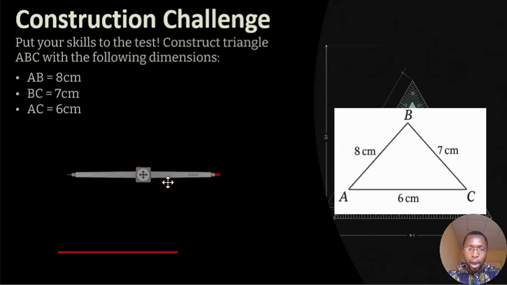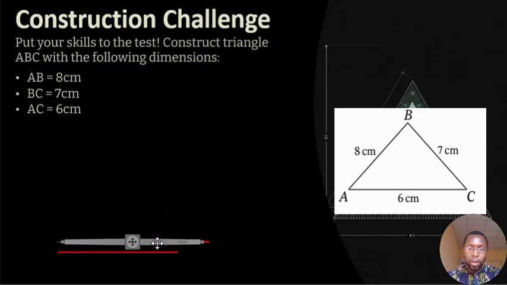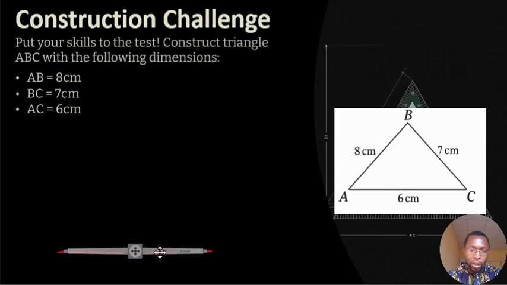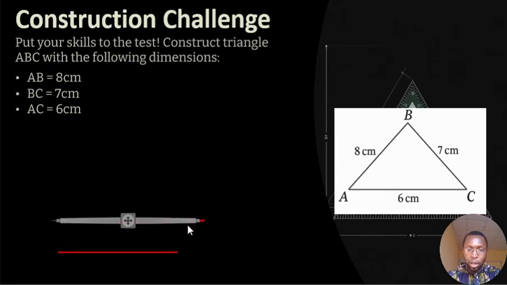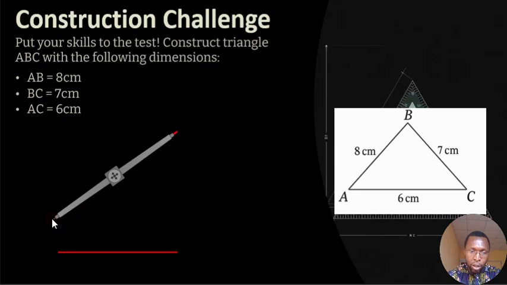Then I'll move to the 6 centimeter base. Let me rotate this so we can understand. Now, the center of the compass here, I'll place it at the tip of the base.